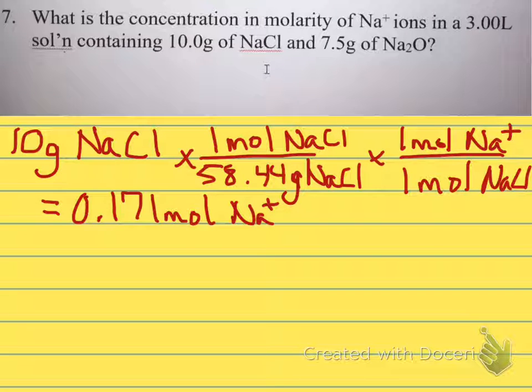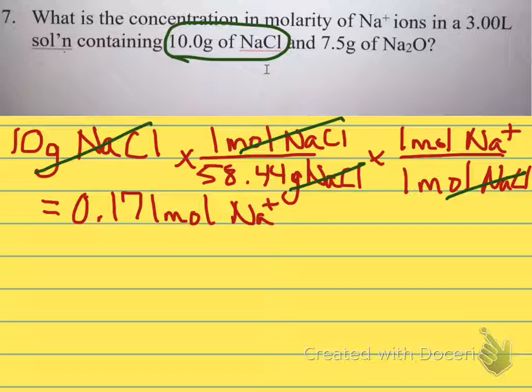So I take my first compound, my sodium chloride, and I have 10 grams of sodium chloride, and I convert from grams of sodium chloride into moles of sodium chloride by using molar mass. Then I convert from moles of sodium chloride into moles of sodium ion.